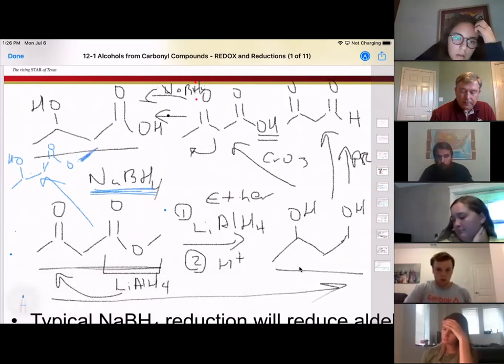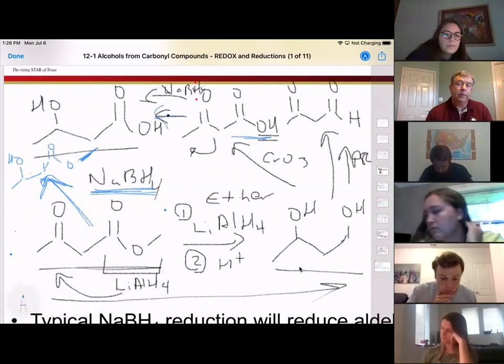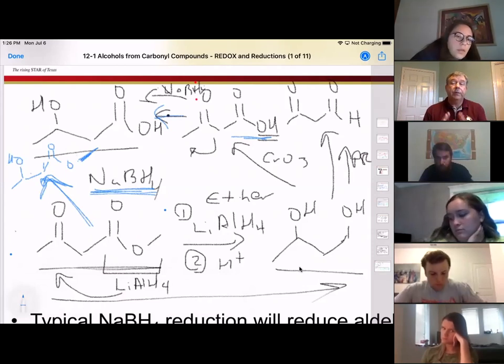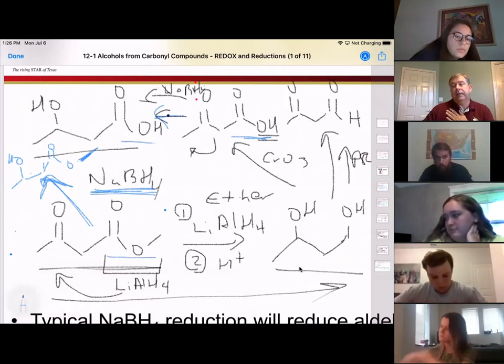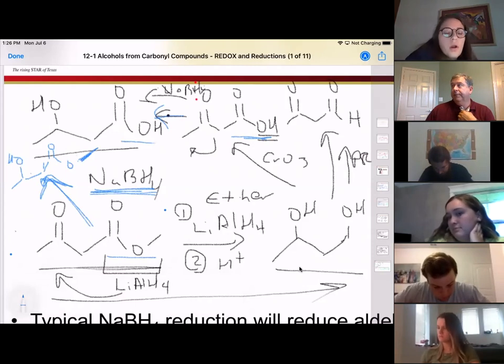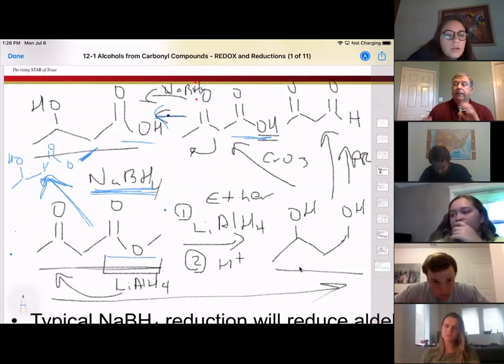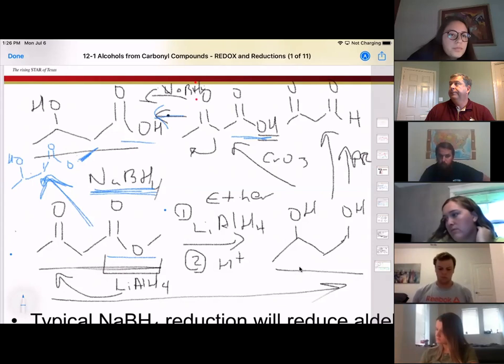You keep the ester on it with sodium borohydride, and because it was already a carboxylic acid over here, you keep the carboxylic acid and you only reduce down the ketone. In both cases, the sodium borohydride is only reducing down the ketone. It does not affect the ester or the carboxylic acid. If we wanted to reduce the ester, then we would use LAH. Yes, that is our only reagent right now that will reduce down an ester or a carboxylic acid. Okay?